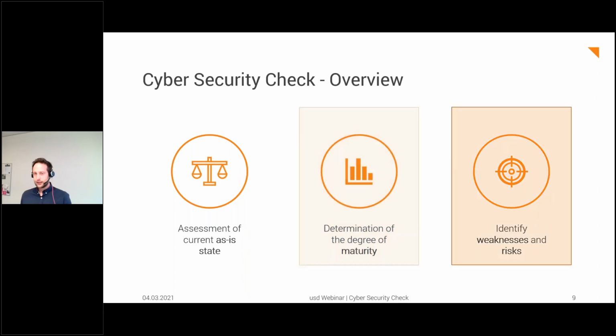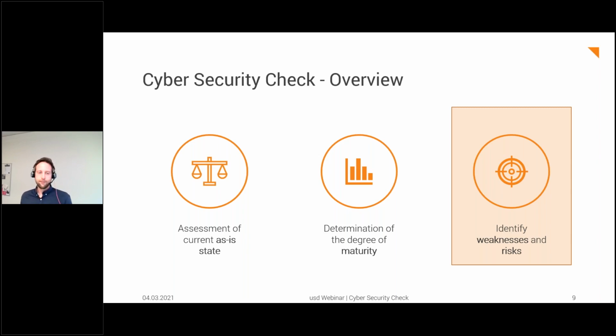And then the other result would obviously be that we can point out what we saw, what is an actual weakness, what is a potential risk, and that is something while we are doing our assessment, we as auditors, and I think this is something maybe you know us for, we can really help you. We can drill down on certain topics, and we can identify these weaknesses on different levels, and then help you to point these out to the various stakeholders.